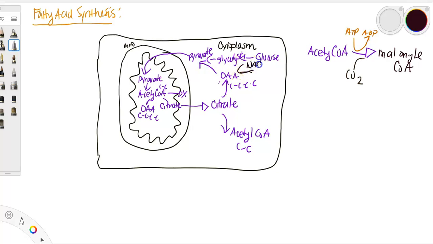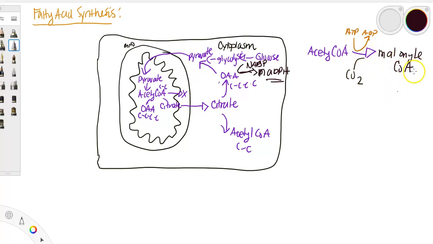is an NAD to an NADPH. NADP. There's actually another phosphate there. So NADP to NADPH. And this little NADPH then is used in this reaction here, or this sequence of this pathway.